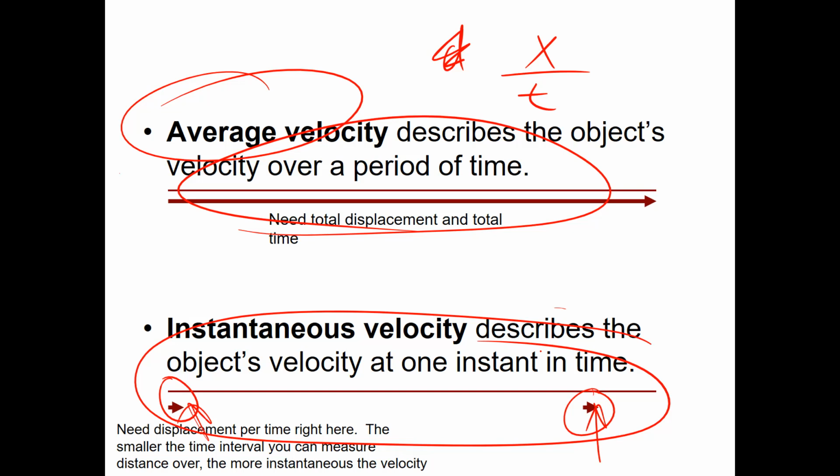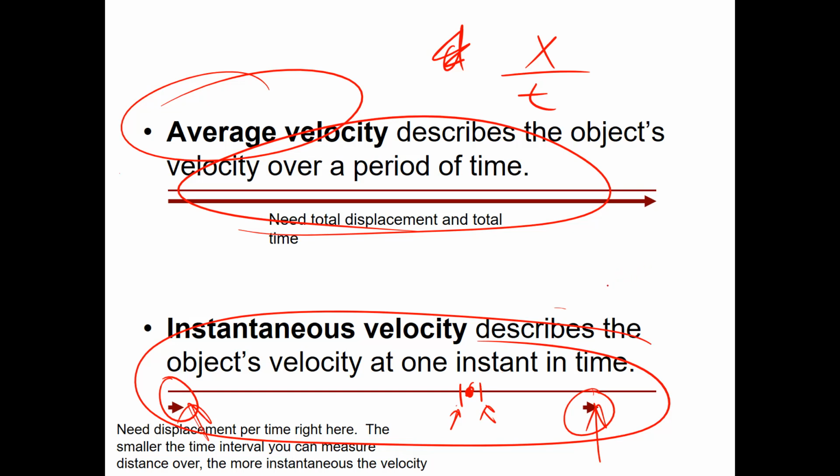Now, if I wanted to solve for instantaneous velocity, which is any instant, let me just pick a spot on this number. If I wanted to find the velocity at this instant, the best way to do it is to take two spots and find out. You're pretty much going to do the same thing. The smaller the area, the closer you are to the actual instantaneous velocity.